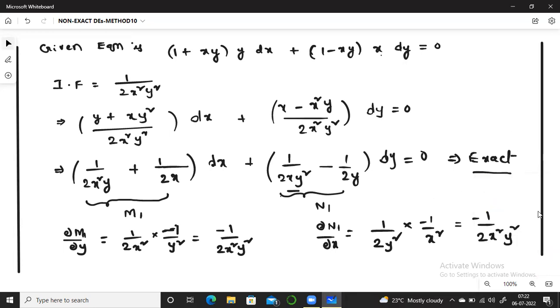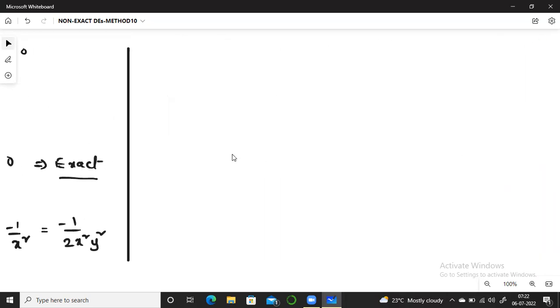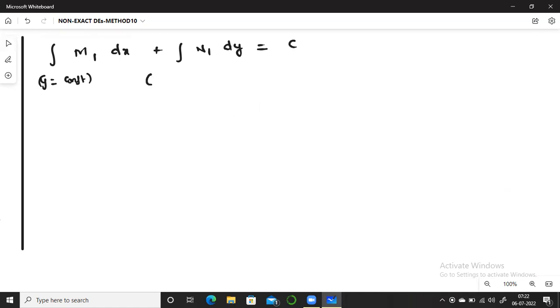If it is exact, the direct method is: integration of M1 dx, with y treated as constant, plus integration of N1 dy, only the terms free from x, is equal to a constant. Here, remember, N1 is free from x terms.